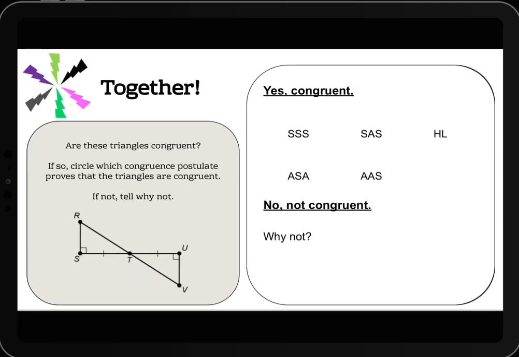So if I look at this example right here, we have an angle and a side. And these angles here are going to be congruent to each other because they're vertical. So in that particular case, we could say that angle RTS is congruent to angle VTU, and the reason is because they are vertical angles.